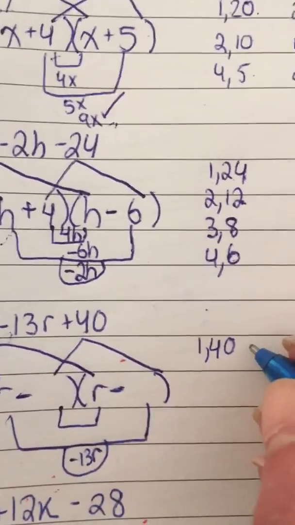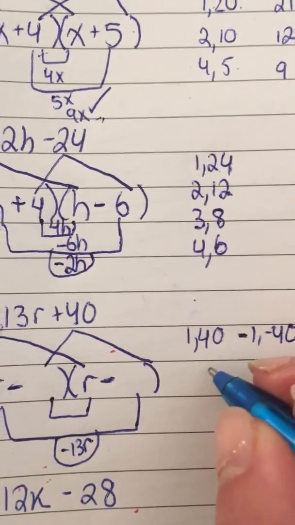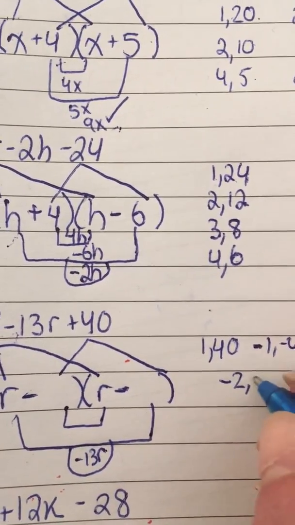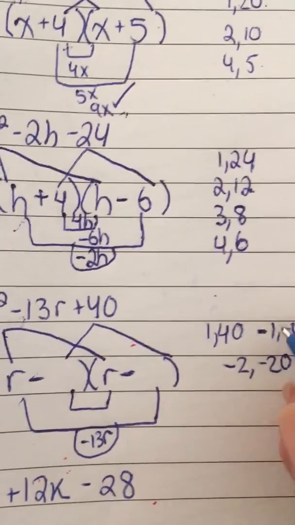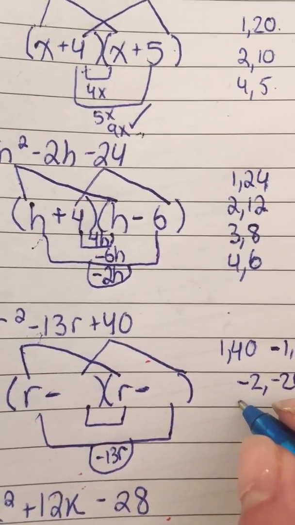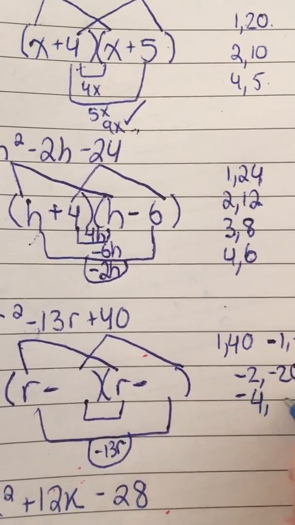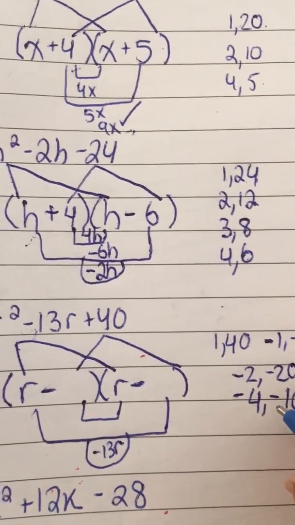So we could use negative 1 and negative 40, but that would be negative 41. We could do negative 2 and negative 20, but that would be negative 22. We can't do anything with 3 because 40 is not divisible by 3. We could do negative 4 and negative 10, but that would give us negative 14.